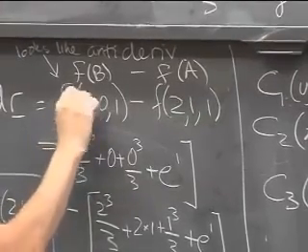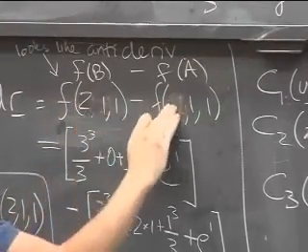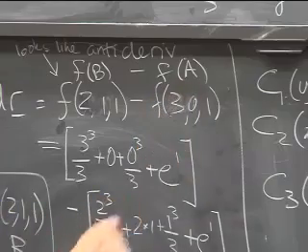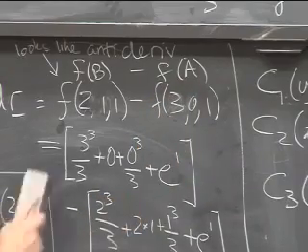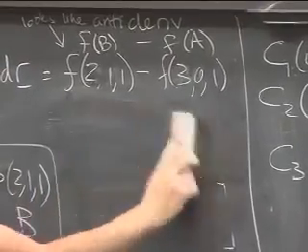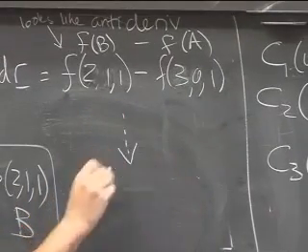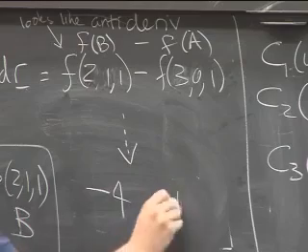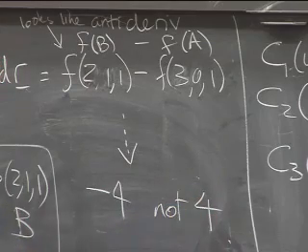So this should have been 2, 1, 1. Did I do this wrong last week as well? Anyone remember? So basically, this should come out to be minus 4. Not 4. I got it the wrong way around.